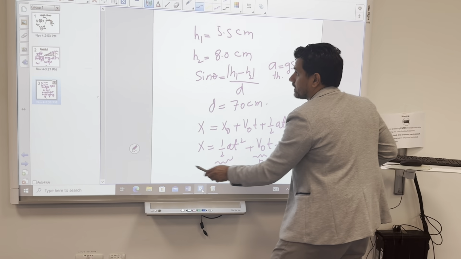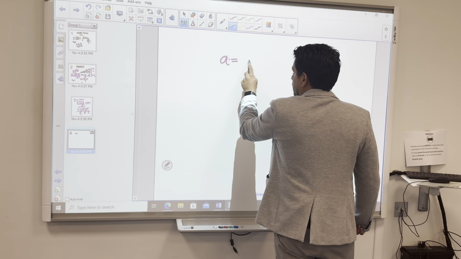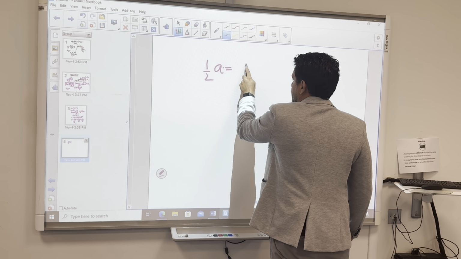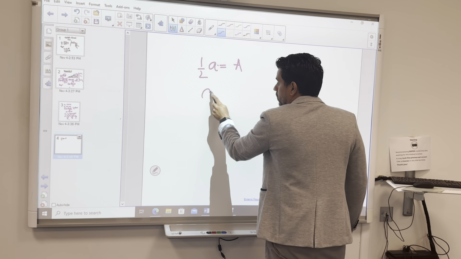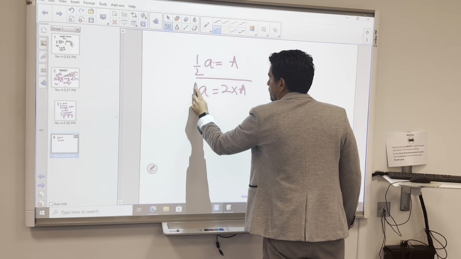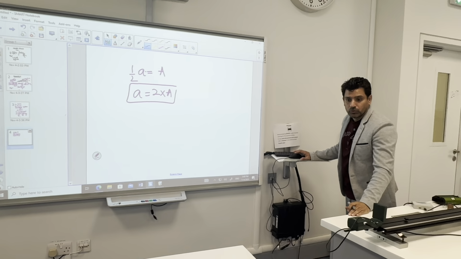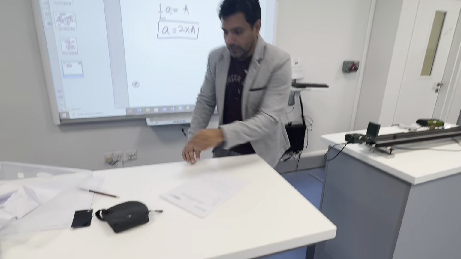Okay. So if you want to find the acceleration, 1/2 acceleration is equal to a. So a is 2 times the acceleration. So whatever value of a you get, you multiply it by 2, and you will get the experimental value.